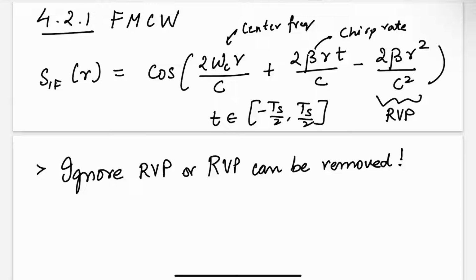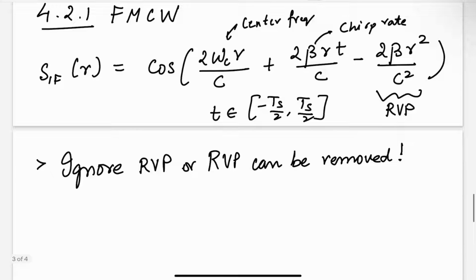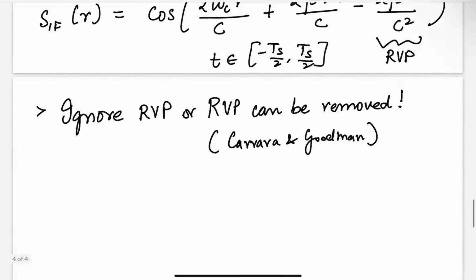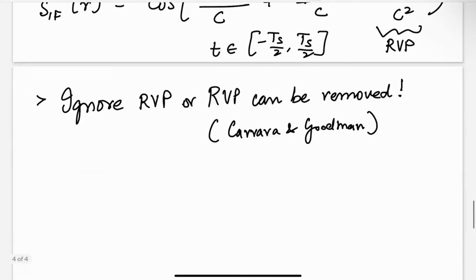That actually requires a separate video, so I might make a separate short video on how to remove the residual video phase. If you're really keen and you want to do it right away, then you can look at Carrara and Goodman, the book. In the appendix, they cover how to remove the residual video phase term. Okay, so let's assume we can remove that for now.